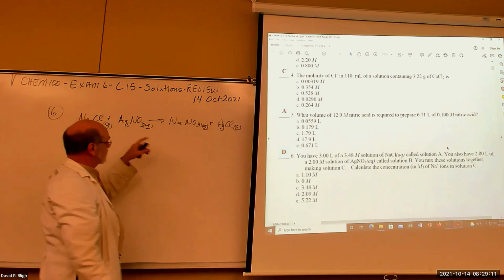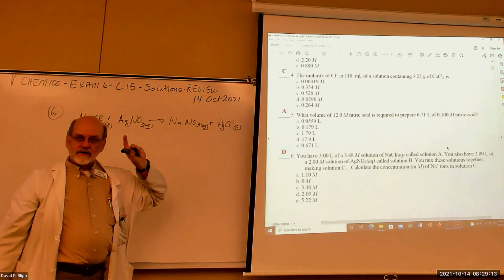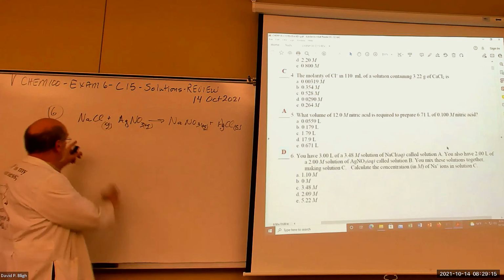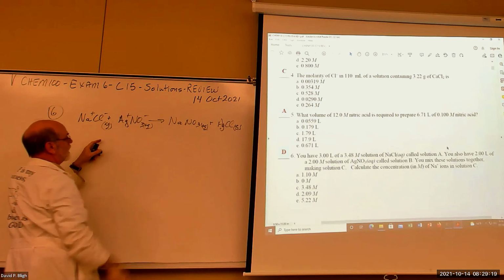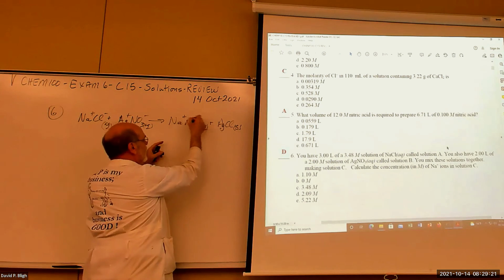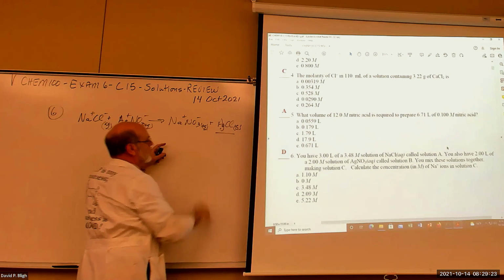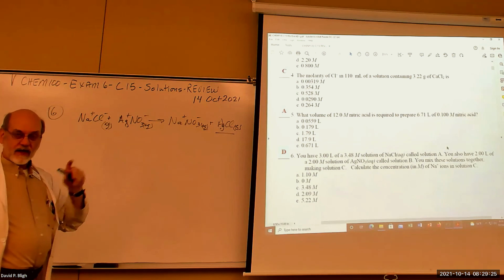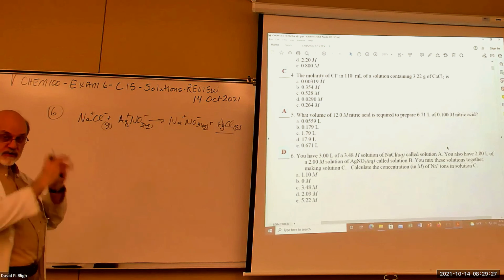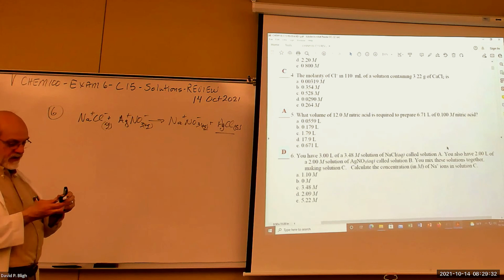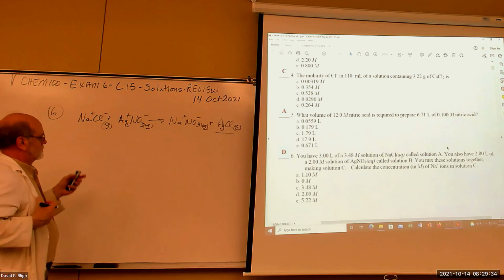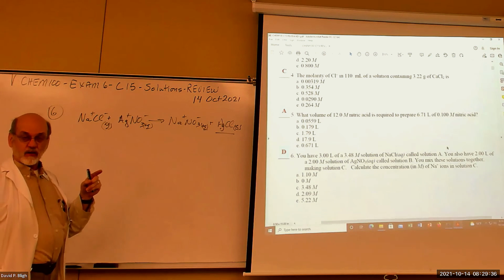Okay, notice that the complete ionic equation, of course, would have sodium ions, chloride ions, silver ions, and nitrate ions. And this would have sodium ions and nitrate ions, and that's a solid. That would be the complete ionic equation if we spread those out. Well, the point here is, what's the net ionic equation?